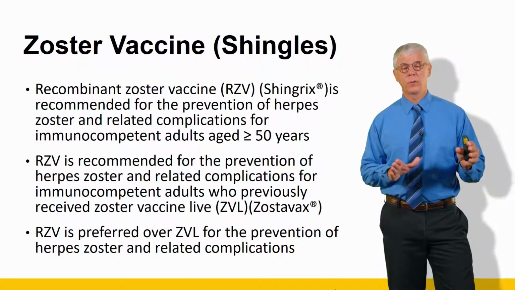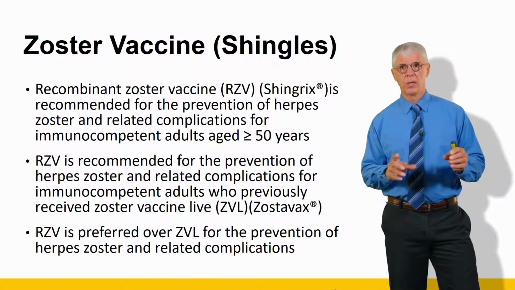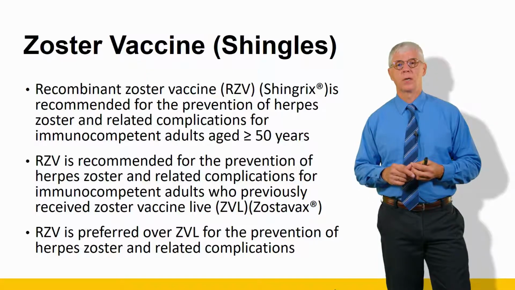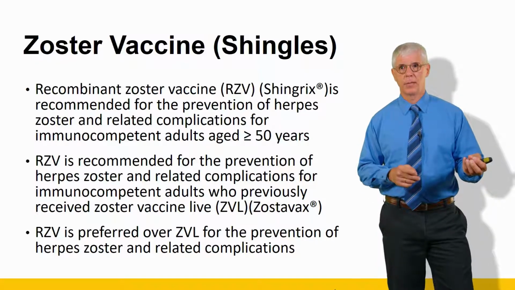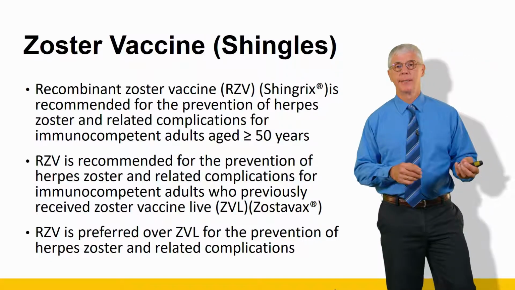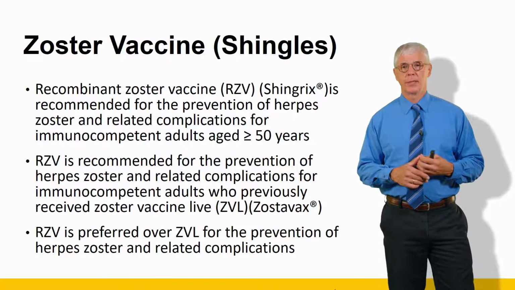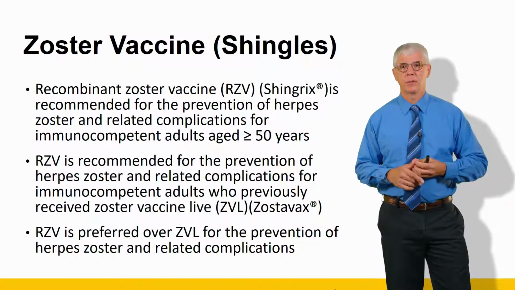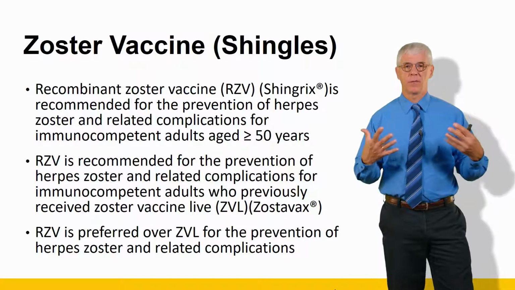And I'm going to refer to them by their brand name now because I think that's the least confusing of all of them. So we've had Zostavax for a number of years. We now have Shingrix. That's the new kid on the block, okay? So Shingrix is actually the only vaccine for shingles that we're recommending now. We have quit recommending Zostavax, and it's mainly because of the efficacy.